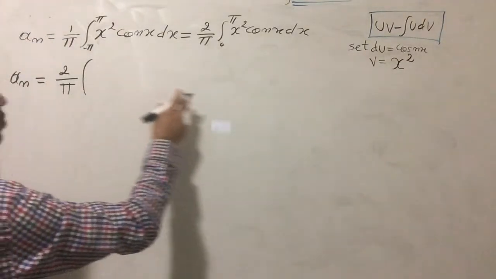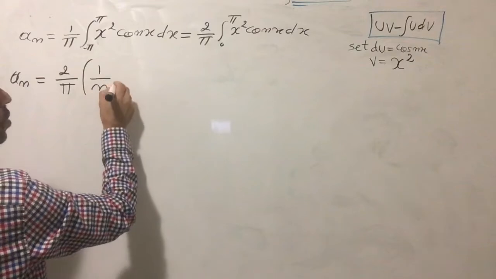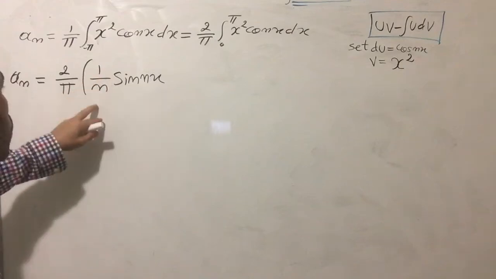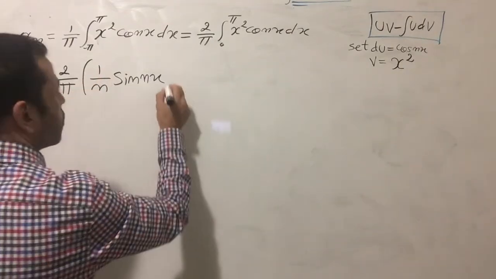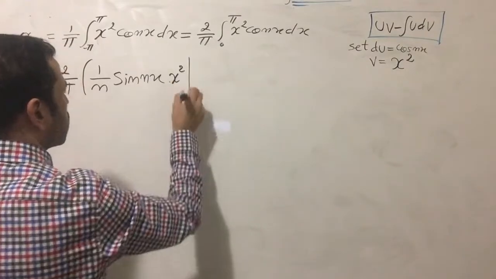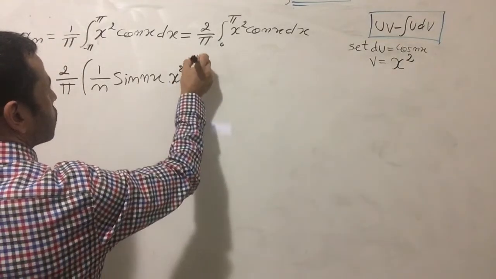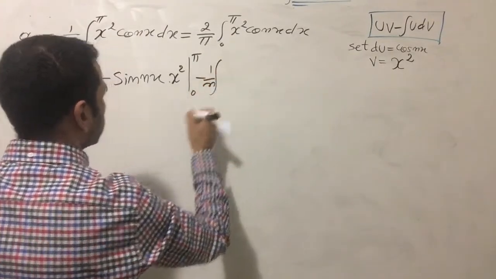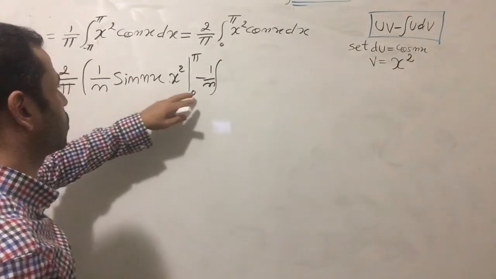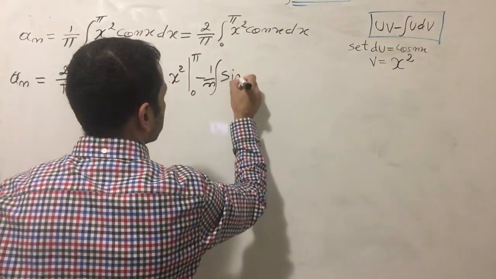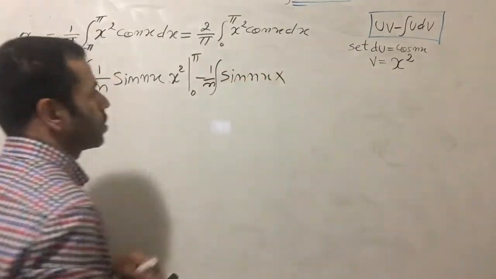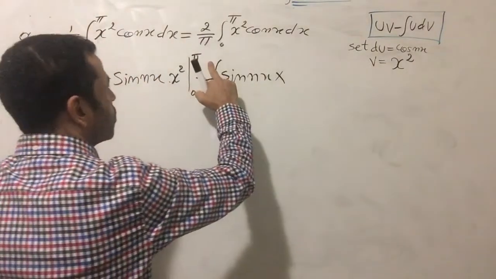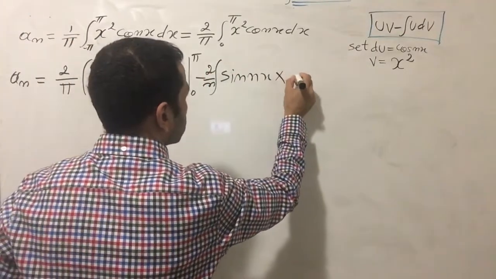So my integral becomes 1 over n sine of nx, because the primitive of cosine nx is 1 over n sine of nx, multiplied by x squared, with bounds from 0 to pi, minus the integral of 1 over n sine of nx multiplied by the derivative of x squared, which is 2x. I'm going to bring the number 2 outside, so I will have x dx.